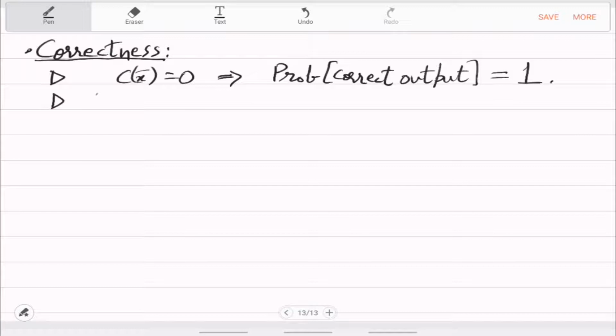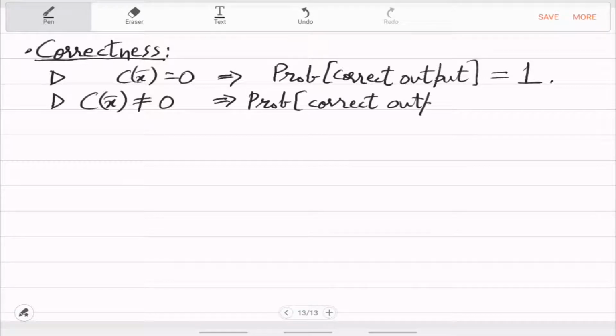On the other hand, if the circuit is non-zero, then the probability of correct output which is non-zero, intuitively it should be 1 minus the error probability.